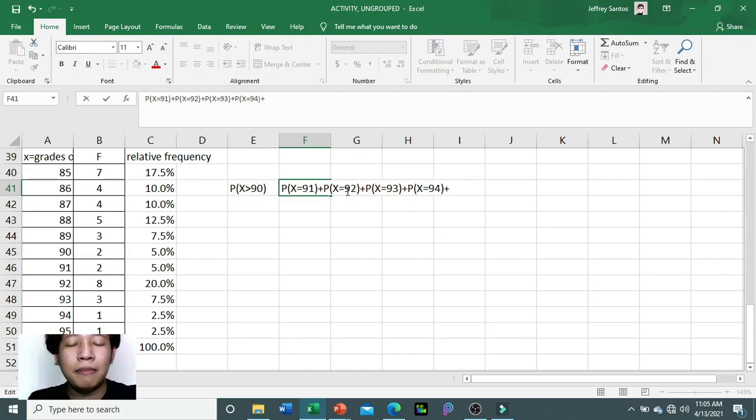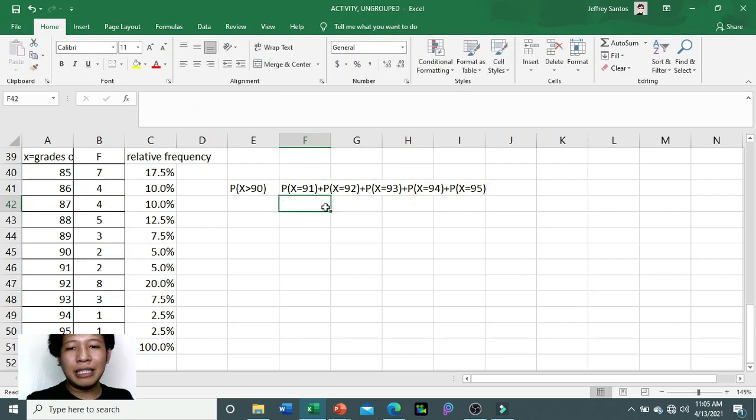Okay, plus the probability of a student na merong 95 na grade. Okay, so this is the way we get the probability of getting a student na merong greater than 90 na grade.